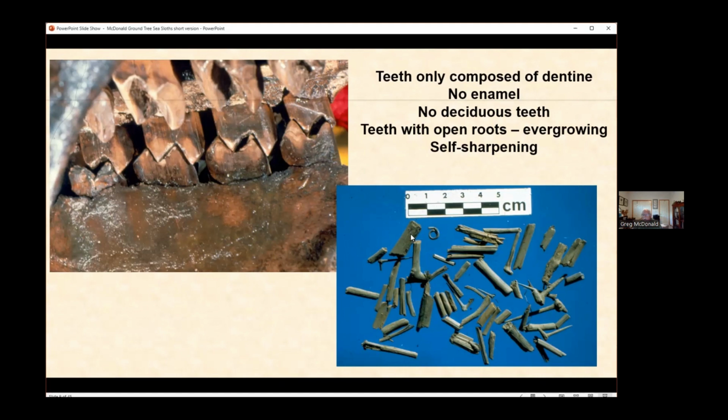And if you look at the length of these twigs, they're all about the same length and match very nicely the distance between the cutting edges of those self-sharpening teeth. So these are some of the many interesting and consistent features that we see in sloths: this lack of deciduous teeth, no enamel on the teeth, only made of osteodentine of different types that have slightly different hardnesses, so they wear differently, and you get these self-sharpening teeth.